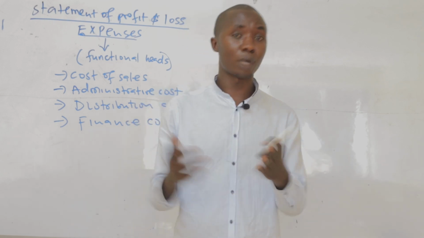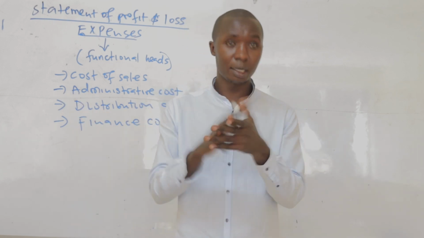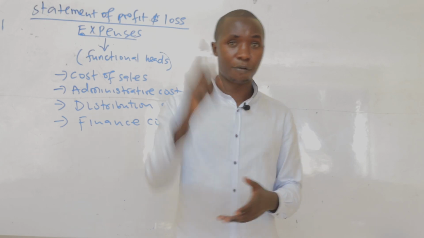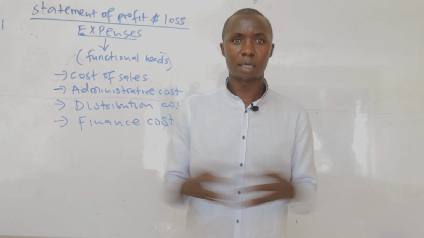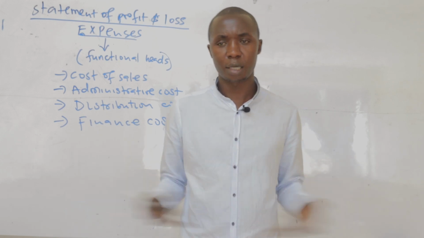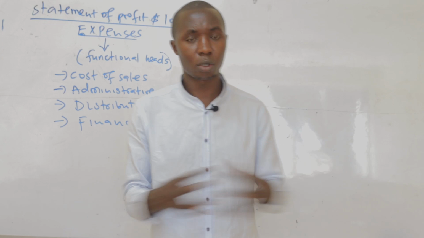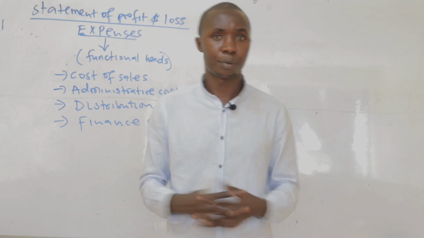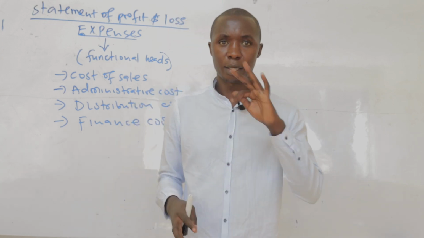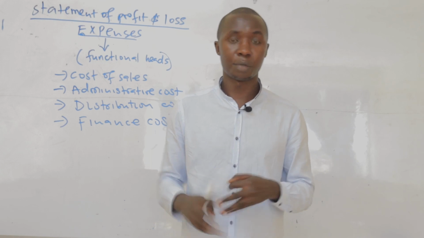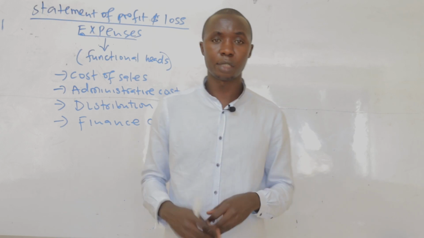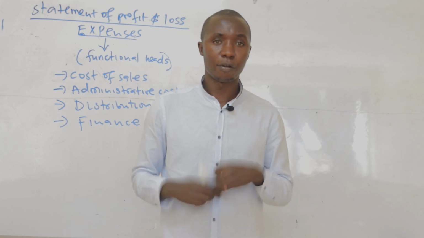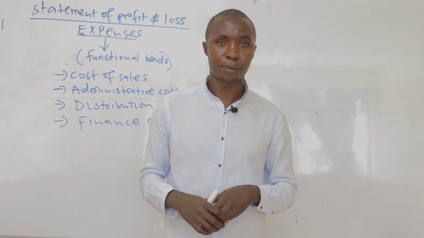Which means that you have to do a separate working. You aggregate them, and you get one figure as property, plant and equipment. But for the other things, like the current assets and liabilities, you just record them in a normal way. So those are the three statements I will start with: the statement of profit and loss, the statement of changes in equity, and the statement of financial position.